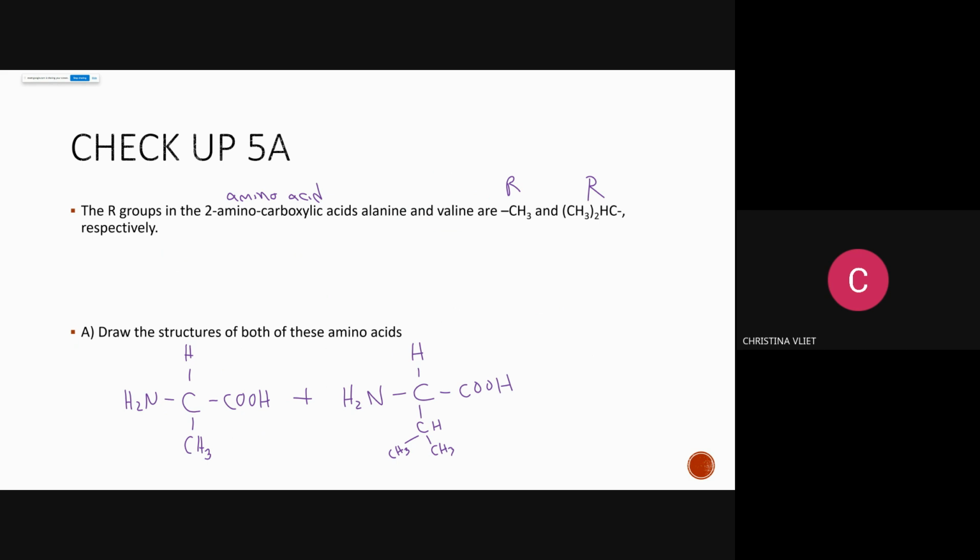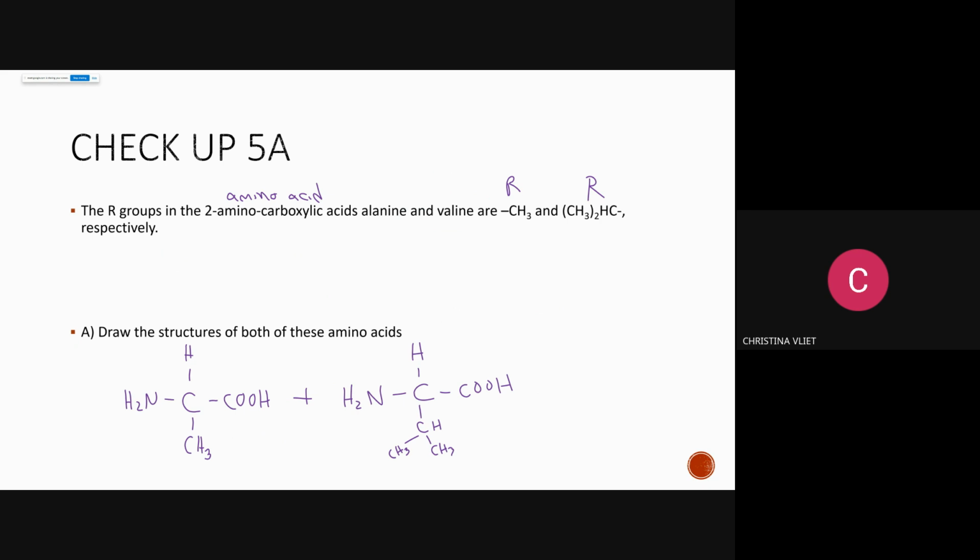That's us. Or you could leave it in the parentheses and write the CH3 twice after the CH. That's fine. So draw the structures of amino acids is the first question.